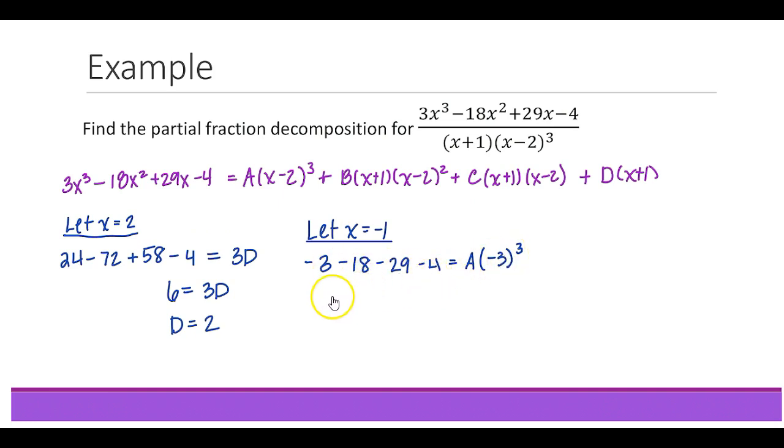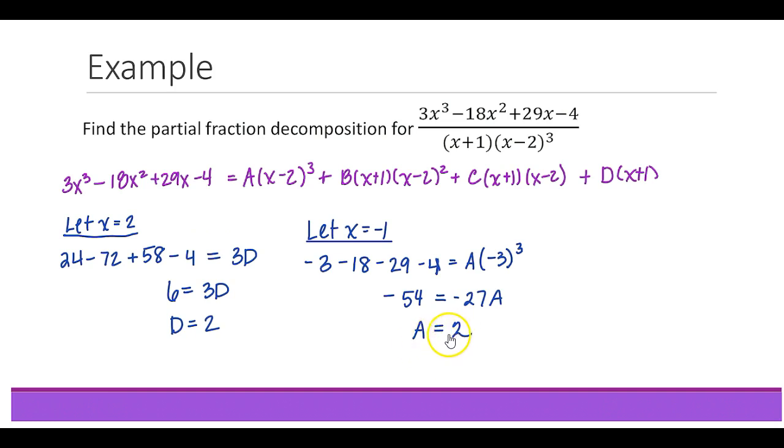So on the left-hand side, if we add all these terms together, we're going to end up with negative 54, and then this again was negative 27a. So if I divide by negative 27, I end up getting that a is also 2.